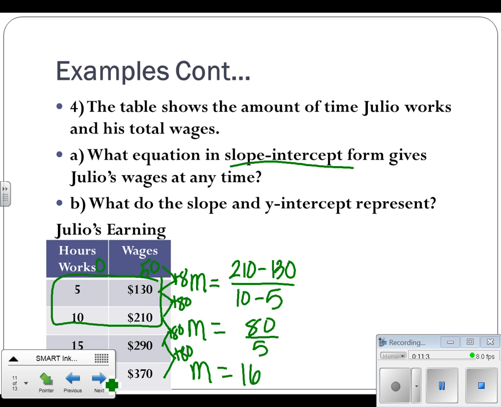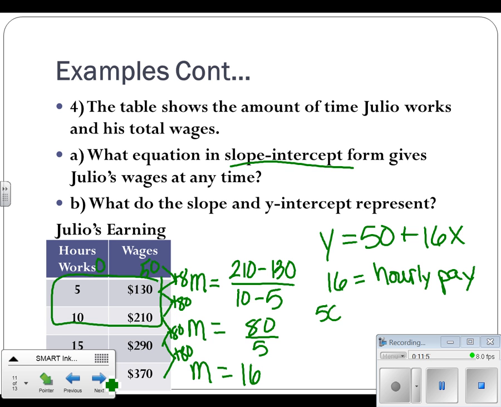So that's basically saying here that Julio gets paid $50 plus 16 for every hour. So the slope 16 represents his hourly pay.